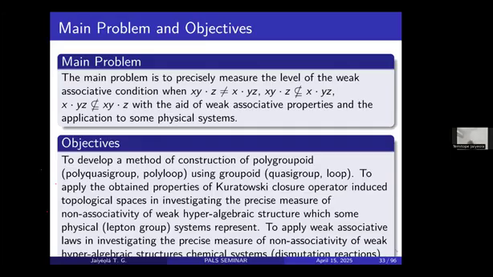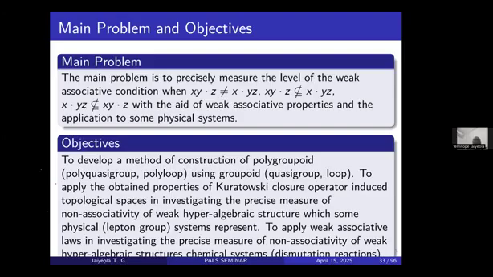So the main problem is to precisely measure the level of the weak associative condition when the two sides of the associative law are not equal and are not contained in one another. So we want to measure weak associativity using some weak associative properties.